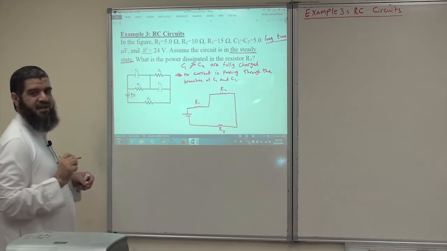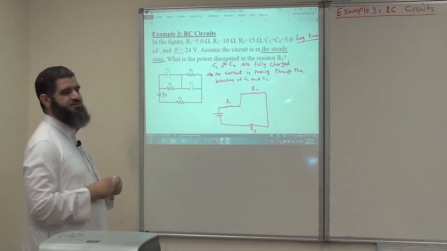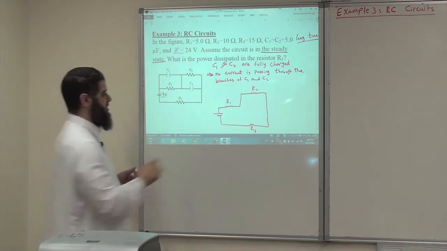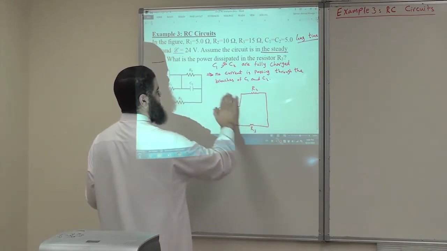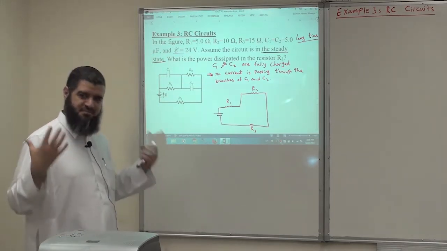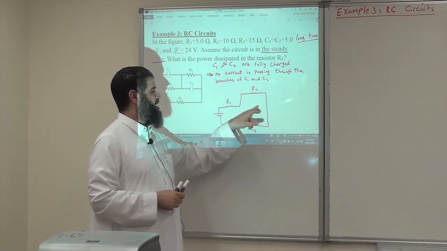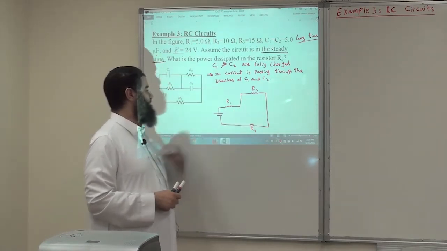What do you notice? As if the branches of C1 and C2 are not there. I have erased C1 and C2. Why? Because they are fully charged. So no current is passing through here. As if this branch doesn't exist and that branch doesn't exist.